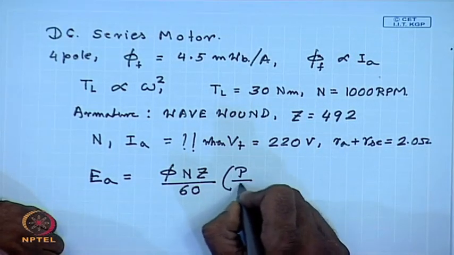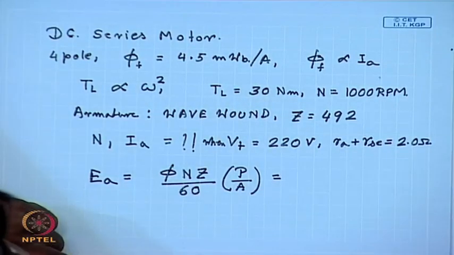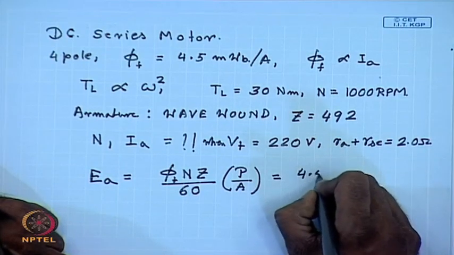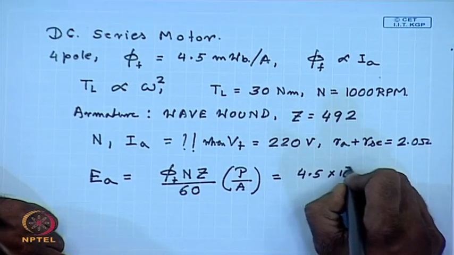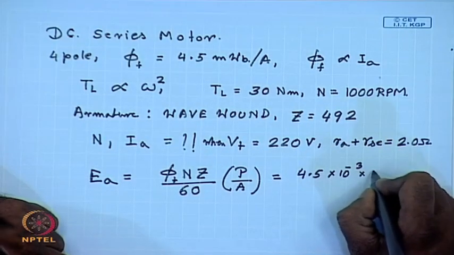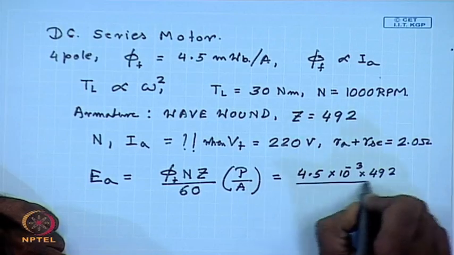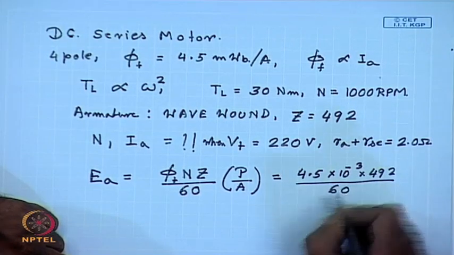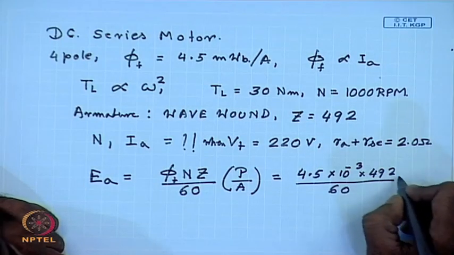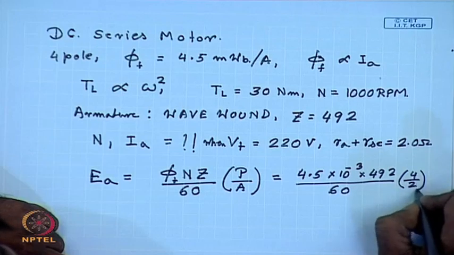Number of poles by number of parallel paths. From the given data, K equals 4.5 into 10 to the power minus 3 into Z is 492 by 60, P equal to 4, and wave wound, therefore, A equal to 2.